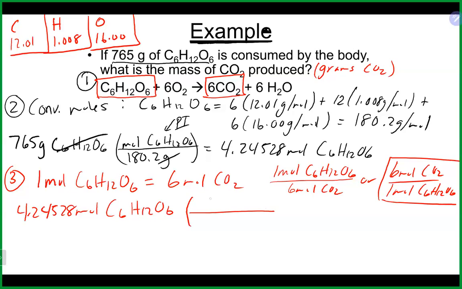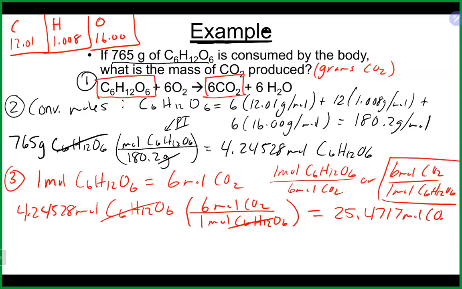That gives us the 6 moles of CO2 up on top and the 1 mole of our C6H12O6 on the bottom. Those guys are going to cancel. So basically just multiplying by 6 at this point gets us something like 25.4717 moles of CO2.